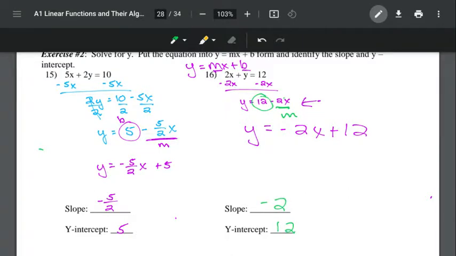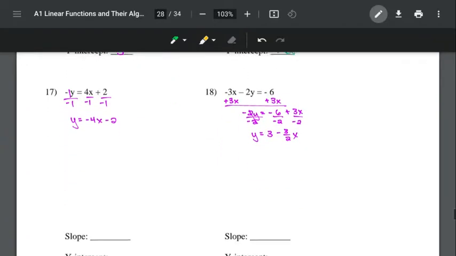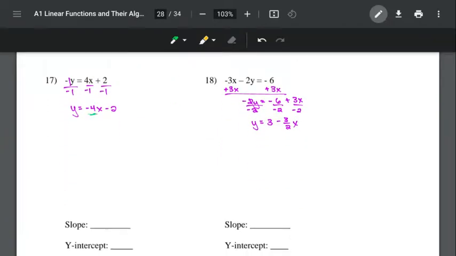Our y-intercept is 12. Down here, here's our slope, negative 4. Y-intercept, negative 2. And then our last one, our slope is the number in front of the x, and our y-intercept is 3.